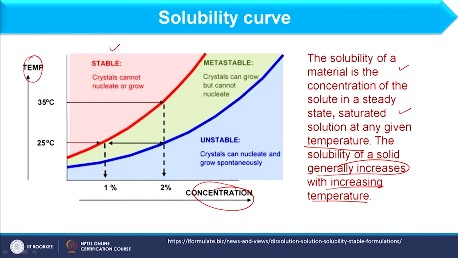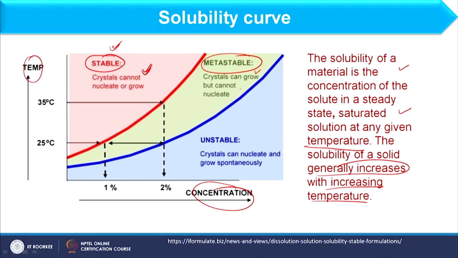And further, if we focus on the solubility curve, here I am having three different conditions. First is the stable condition where crystals cannot nucleate or grow. That is basically where the solution is at saturation condition or less than that, right. Next is the metastable state where crystals can grow but cannot nucleate.